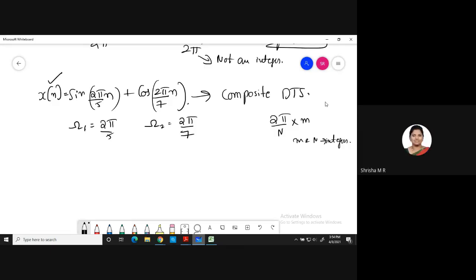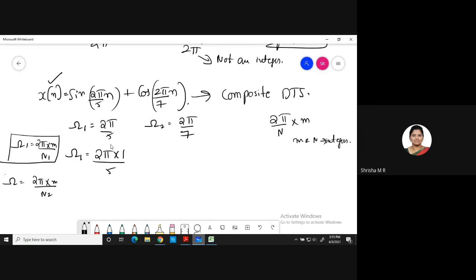Yes. So I want to express this in the form 2 pi by n into m. Omega 1 is equal to 2 pi into 1 by 5. I have got this in the form 2 pi by n into m, where m and n are integers. M is 1 and n is n1; we take it as n1 because we have two functions. So omega 1 I express in the form 2 pi into m by n1, whereas omega 2 in the same form, 2 pi into m by n2.